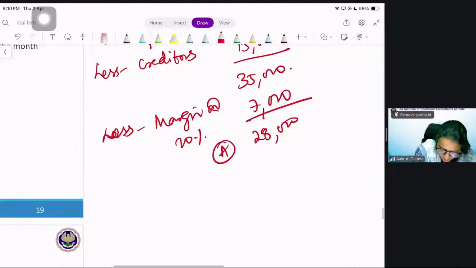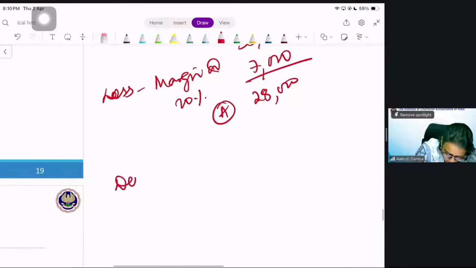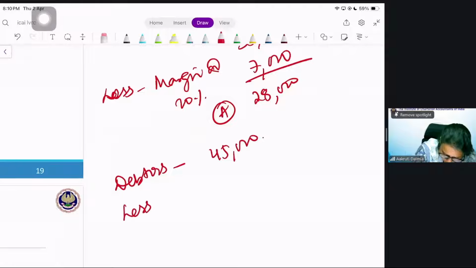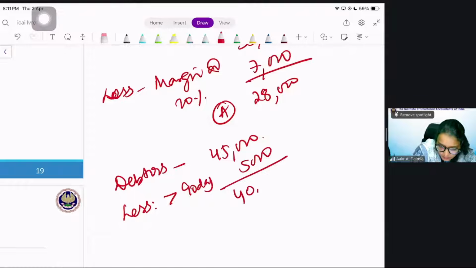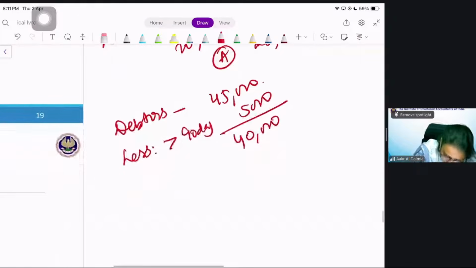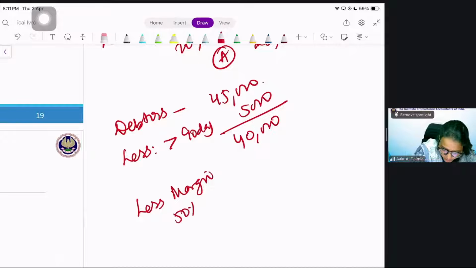So think of this as A. Now debtors. How much are the debtors? 45,000. Of which debtors greater than 90 days, how many are there? 5,000 rupees. So it will be 40,000. Then less margin. How much is the margin on debtors? 50% margin.